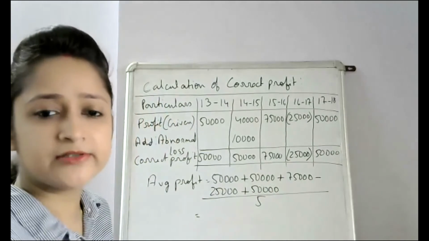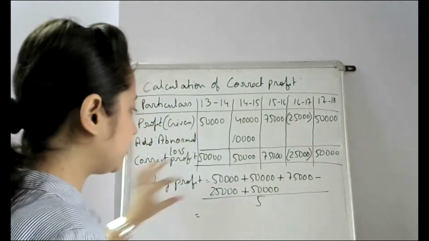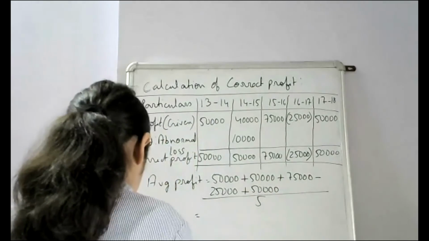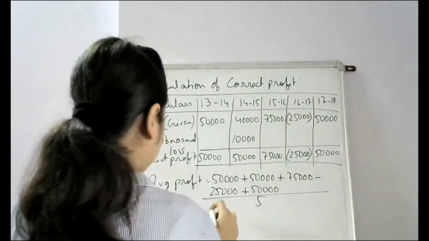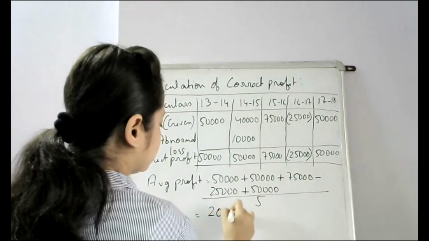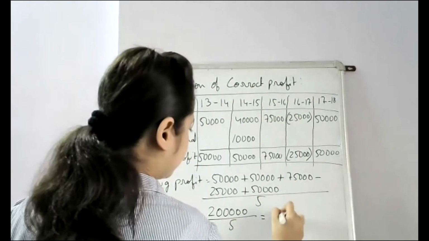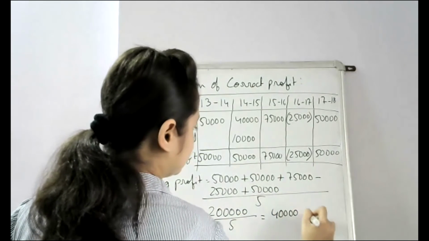How much do we get after adding and subtracting all those things? We will get 2 lakh. 2 lakh divided by 5. So we will get 40,000 rupees.